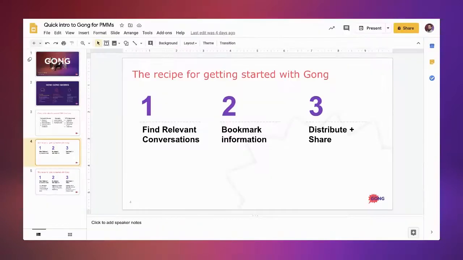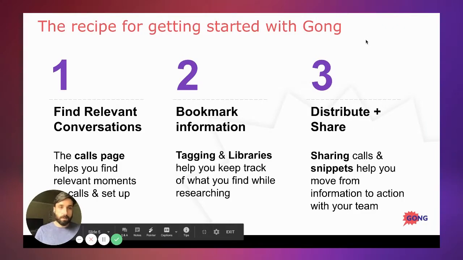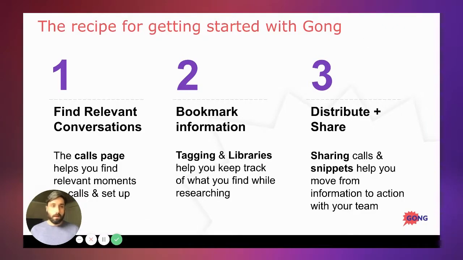I know that was kind of a whistle-stop tour of a few of the features in Gong that I find super useful. Just to wrap things up, Gong is going to help you as a PMM find relevant conversations, cut through the noise in all of your customer interactions to find important moments.